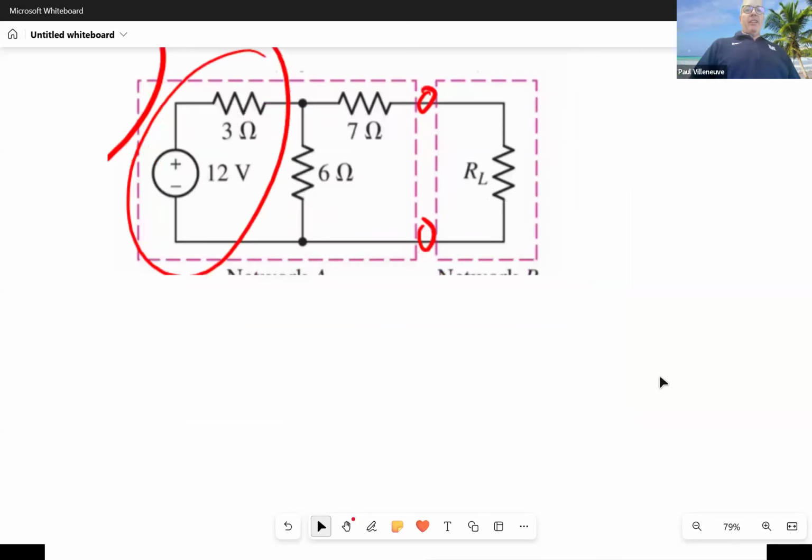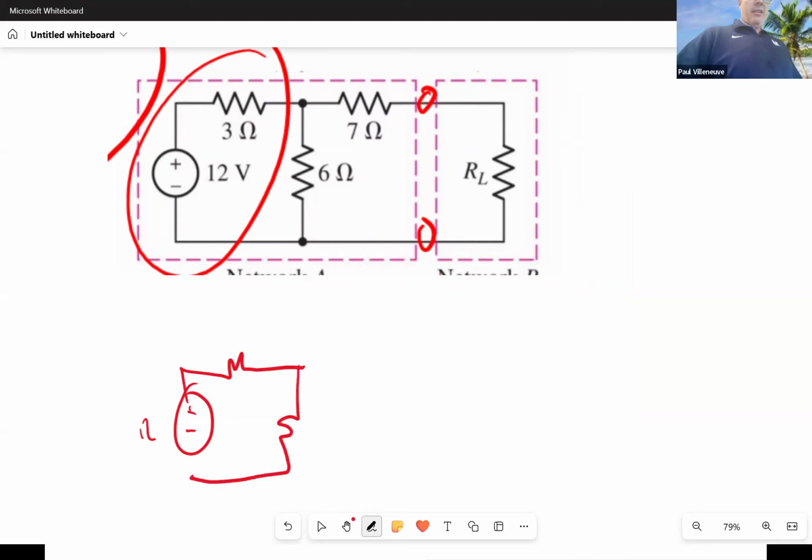And so now what I can do is, because I'm looking for the Thevenin equivalent, I know that I have plus minus 12 volts, 3, 6, and 7, right? These are open circuited on the terminal. So how much of a voltage drop am I going to get here? 0.